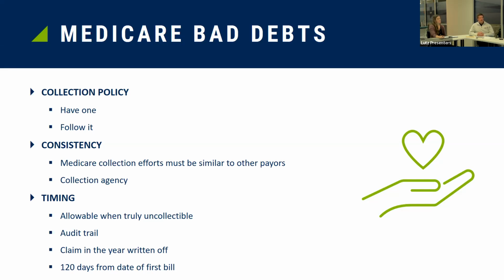And then we'll get into the timing here in a little bit, but this has changed dramatically over the last 20, 30 years as far as what Medicare is allowing from a bad debt perspective. Bad debts are only allowable when they are truly uncollectible.